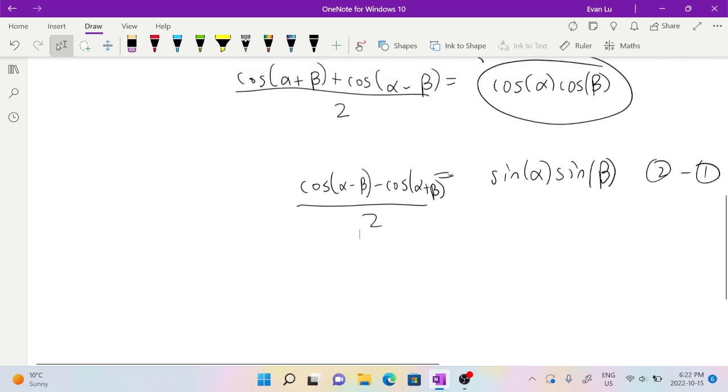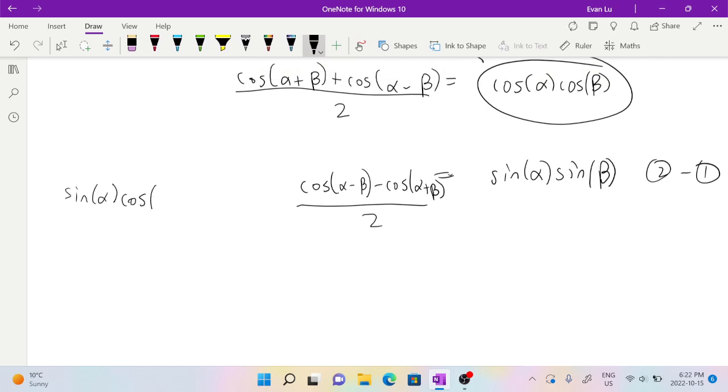Okay, now for the final one, if we're trying to find a way to switch from sine of alpha cos of beta to some sort of a sum. So here we have to take a look at the sine formula. So let's just write it out.